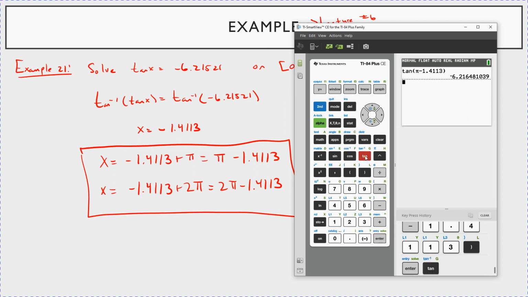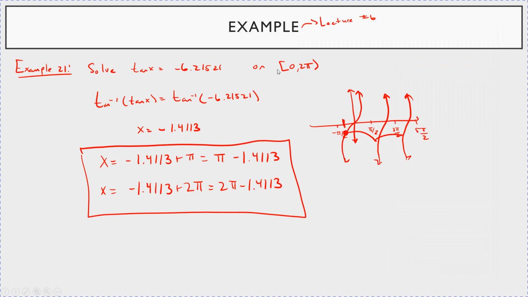And it's the same thing if you do 2 pi minus 1.4113. Again, it's slightly different than negative 6.21521 because I rounded this off. So you have to pay very close attention to what it's asking you to solve.